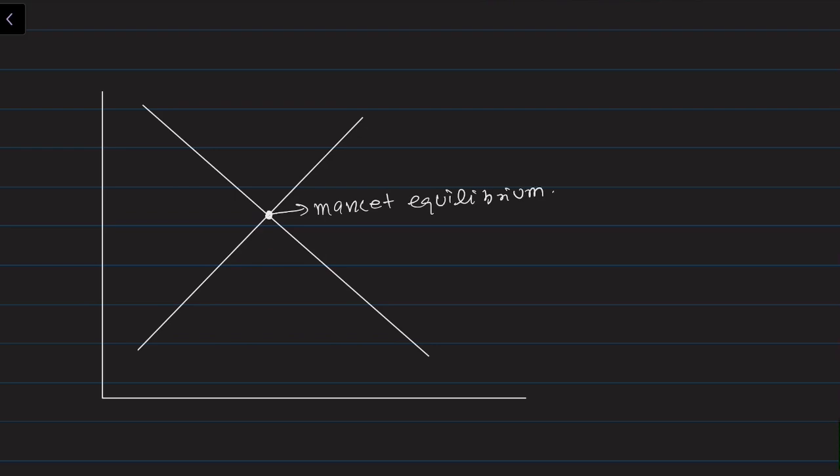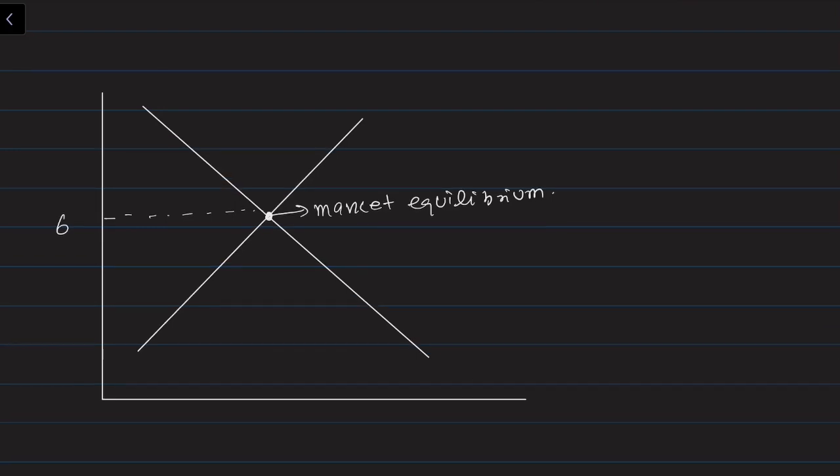Because at this point, at a certain price in the market, let's say this is $6, at this price, the quantity demanded by the buyers and the quantity supplied by the sellers are exactly the same. Okay, so at market equilibrium, the quantity demanded and the quantity supplied are equal, and the market tends to be in the equilibrium forever unless any external force creates a disturbance.